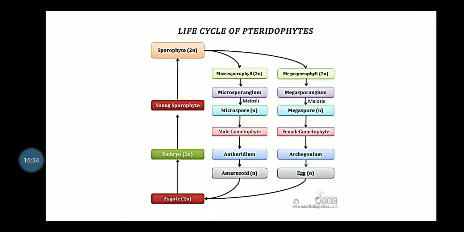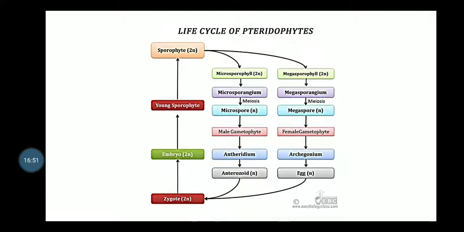Next is the life cycle of Selaginella. Before that, we have a brief idea about the life cycle of Pteridophyte. Here, the sporophytic plant body is diploid, or 2n, which bears megasporangium and microsporangium that produce megaspores and microspores.